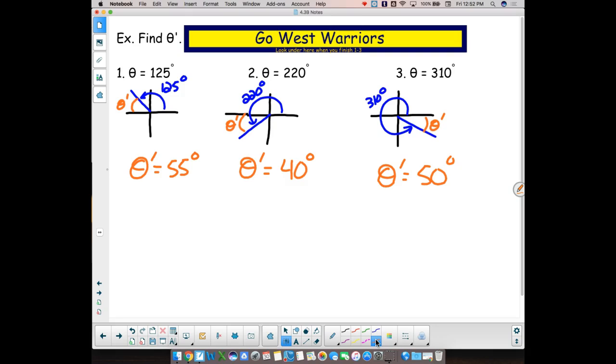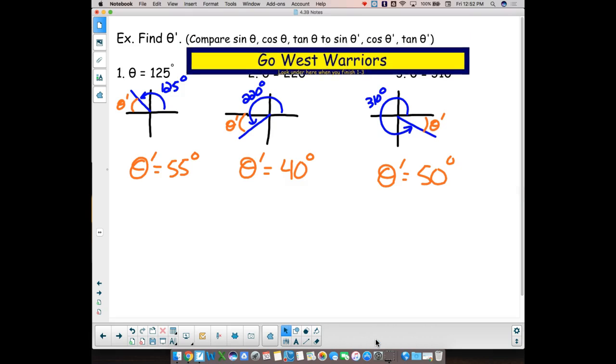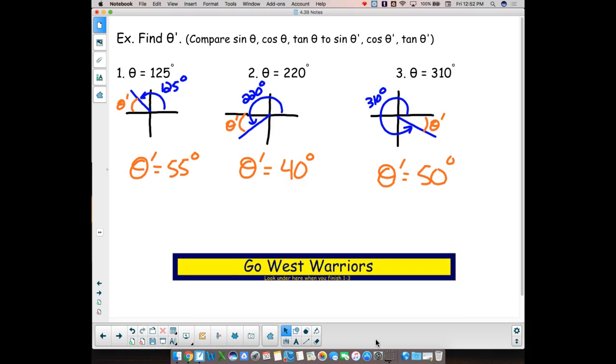Now, the nice thing, as we're running out of time here, about the reference angle and the actual angle is that they all have the exact same trig values. The sine of 125 degrees is the sine of 55 degrees.